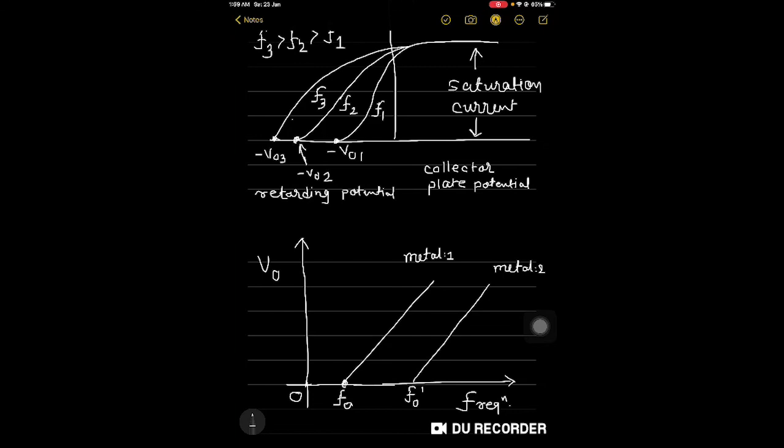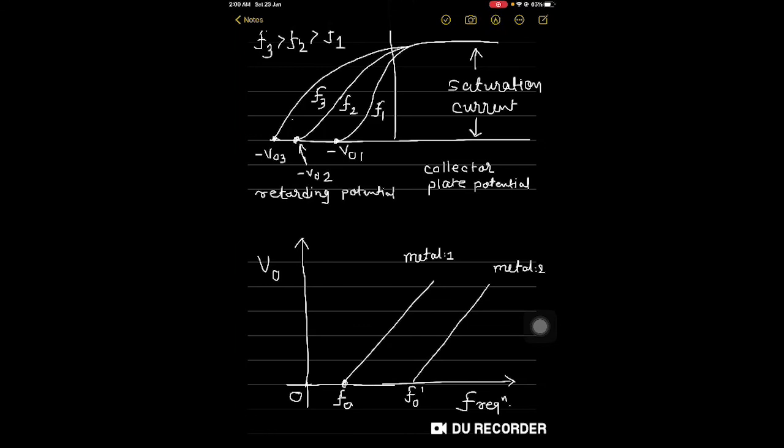It is now known that emission starts in a time of the order of about 10 to the power minus 9 second or less than that. We now summarize the experimental features and observations described in this section.